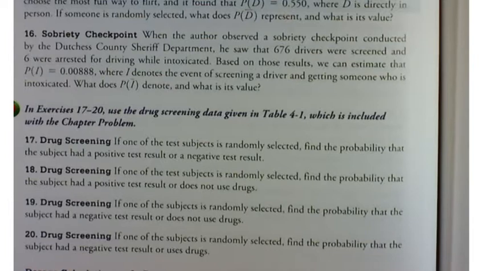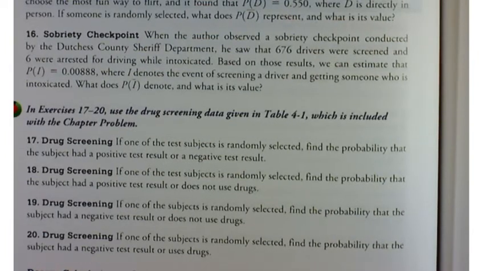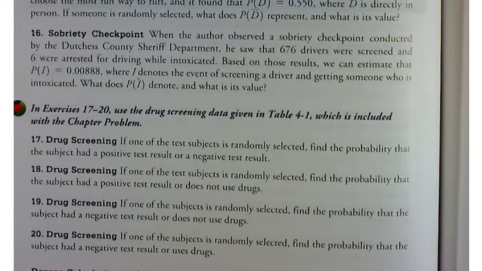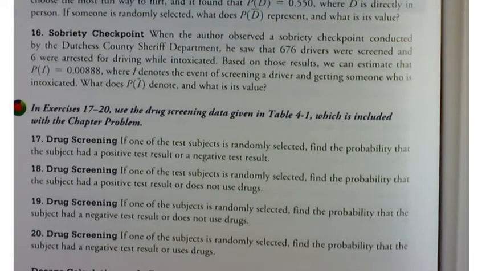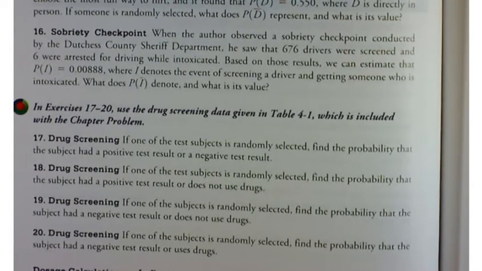It says, when the author observed a sobriety checkpoint conducted by the Dutchess County Sheriff Department, he saw that 676 drivers were screened and 6 were arrested for driving while intoxicated. Based on the results, we can estimate that P of I is 0.00888, where I denotes the event of screening a driver and getting someone who is intoxicated. What does P of I denote, and what is its value?